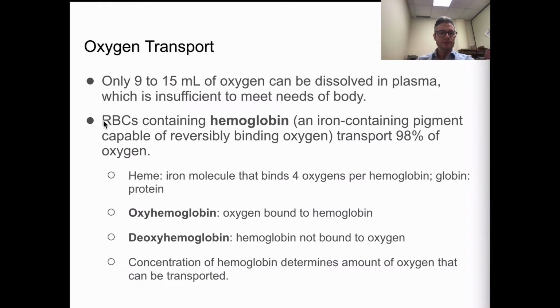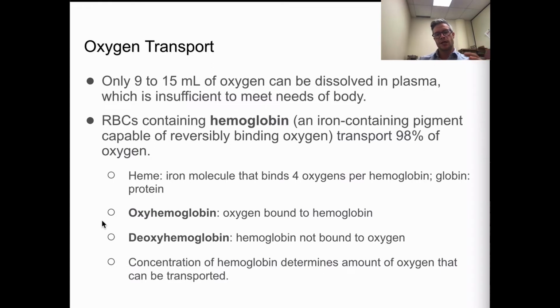So, okay. Great, we spoke about this, but the two terms that I'm not sure I specifically used yet were oxyhemoglobin, which is hemoglobin when oxygen is bound, and deoxyhemoglobin, which is when hemoglobin does not have oxygen bound to it.